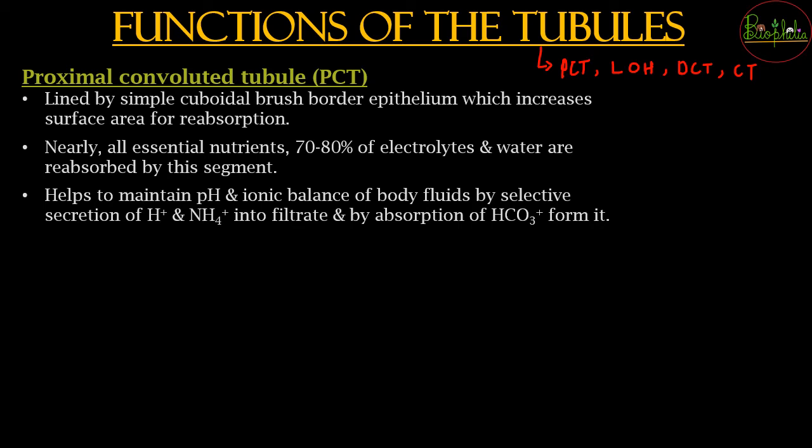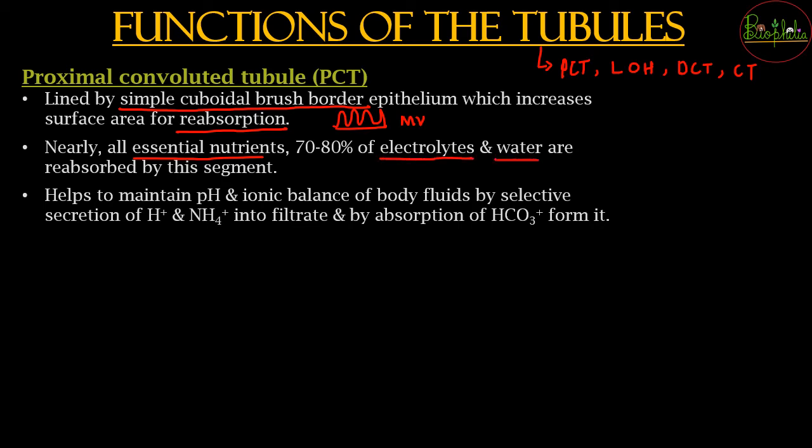So proximal convoluted tubule is lined by simple cuboidal brush border epithelium. Now why brush border? As I told you, brush border microvilli is essential for increasing the area for reabsorption. Now this reabsorption is of the essential nutrients.